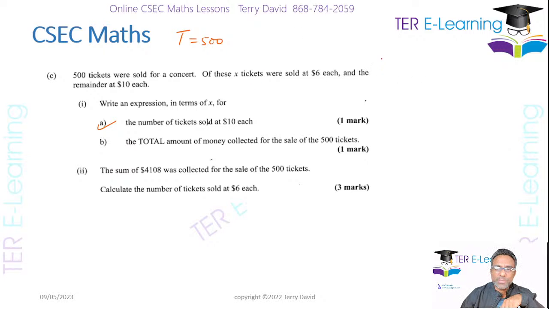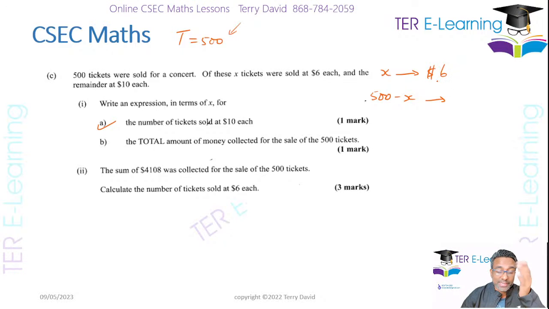In terms of tickets, they would have had X tickets and sold those for $6 each. Remember, 500 is the total number of tickets they would have sold. So if you sold X of them at $6, what you have left is going to be 500 minus X. Don't get confused by all the X's.